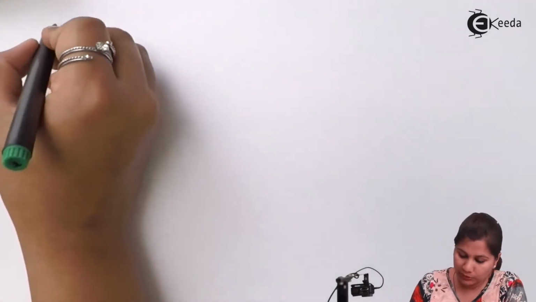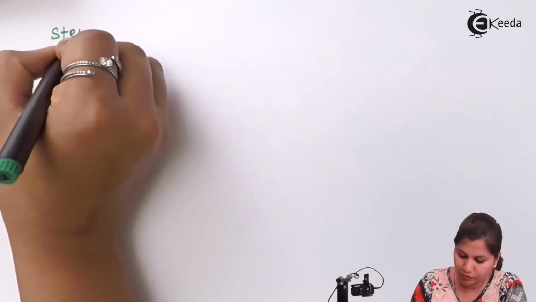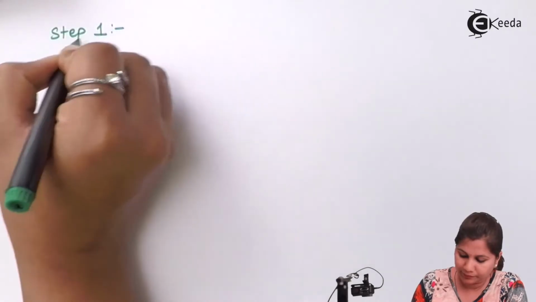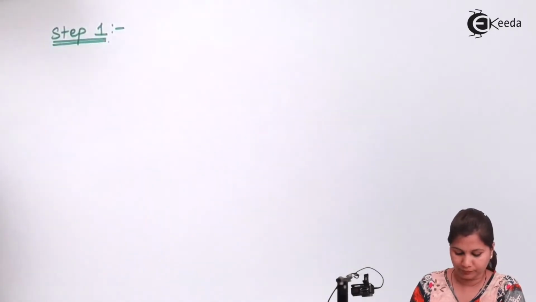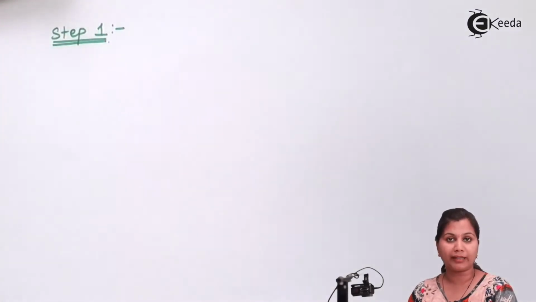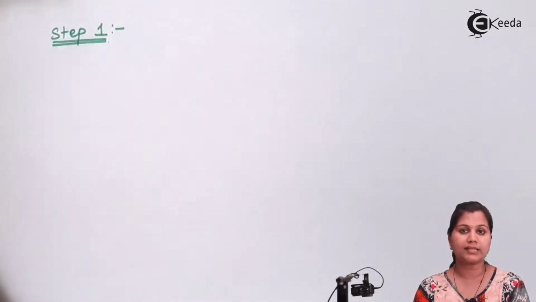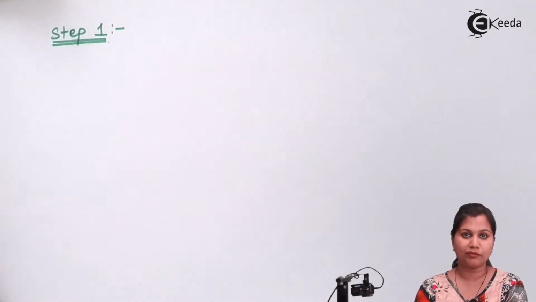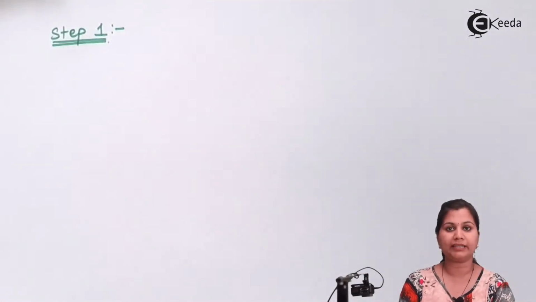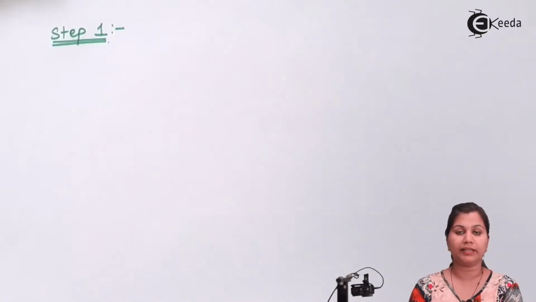Now let's study these steps in detail, that what you have to perform in all these steps with the help of one example also. So in step number 1, what do we do? We define the problem which we want to solve. Now in this step, what are the things which we will do? We will first define that from where we are getting the input.